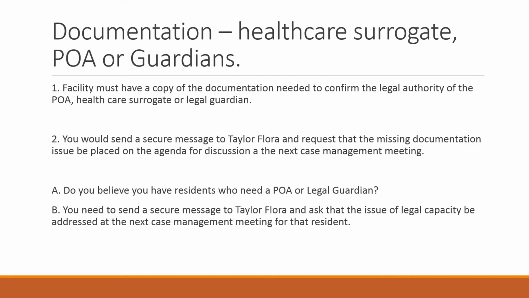We have to see the POA, healthcare surrogate, or legal guardian papers in order to evaluate them to establish who has that authority. You would normally send a secure message to Taylor and request the missing documentation issue be placed on agenda for discussion at the next case management meeting.